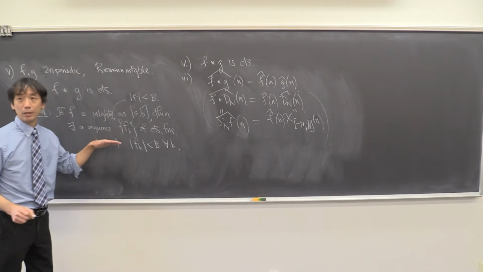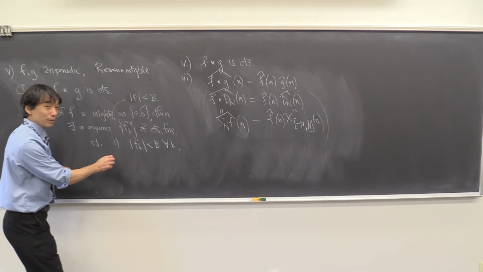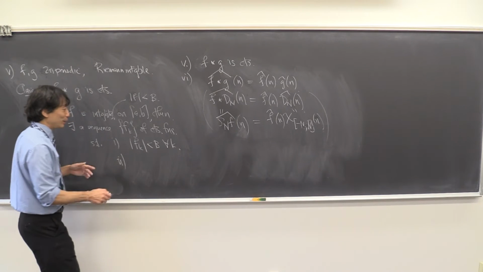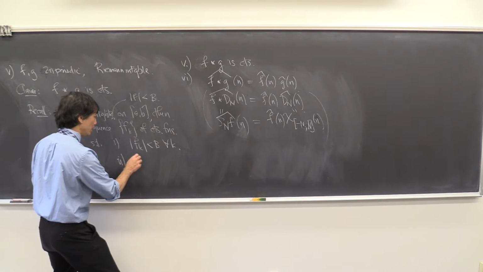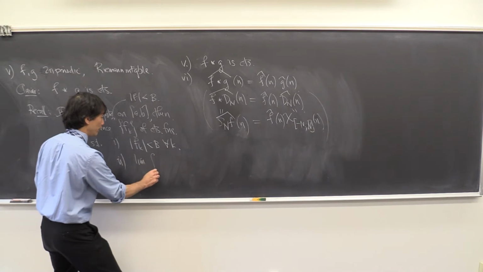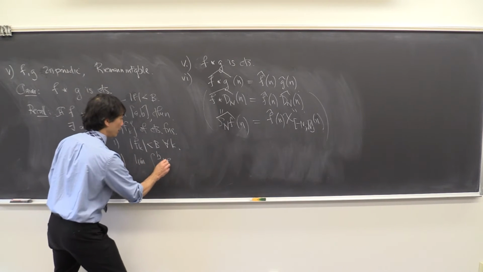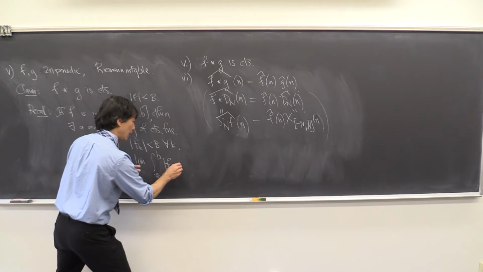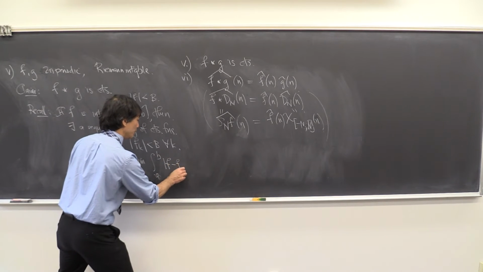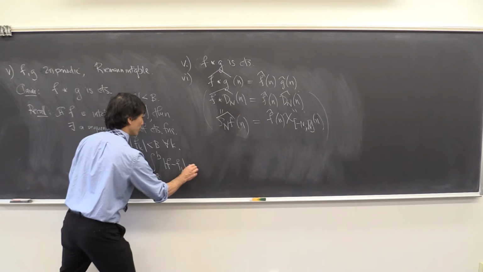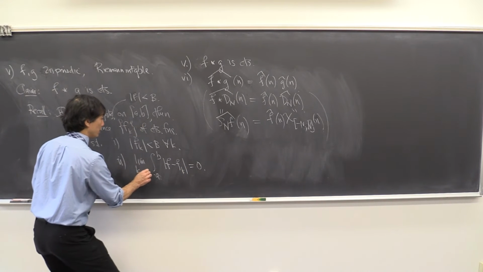Okay, so they're all nicely bounded. Two, the limit of the integral of the absolute value of the difference goes to 0 as k goes to infinity.